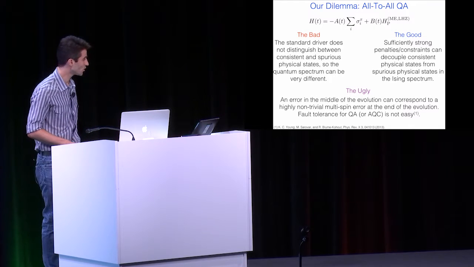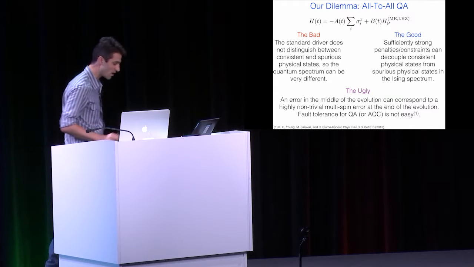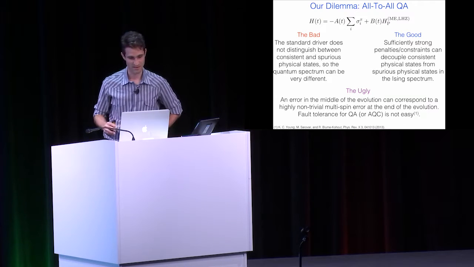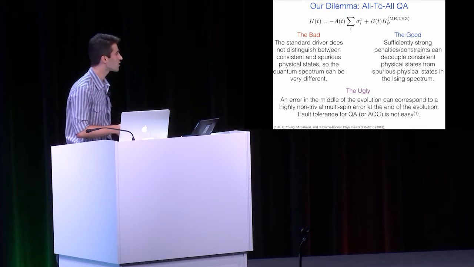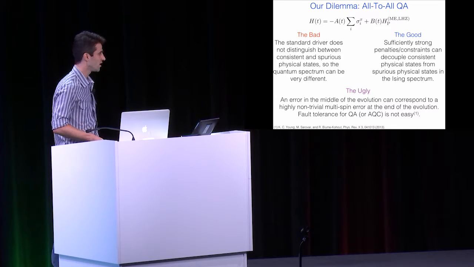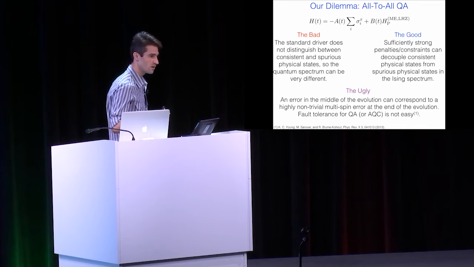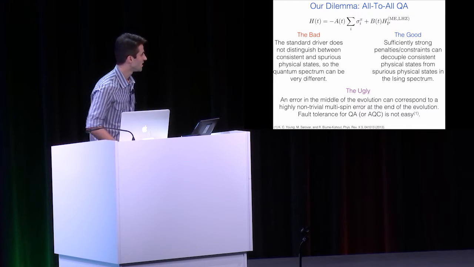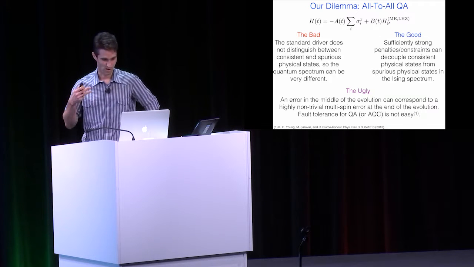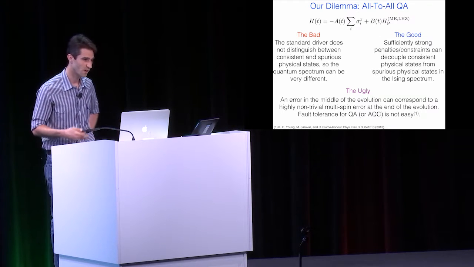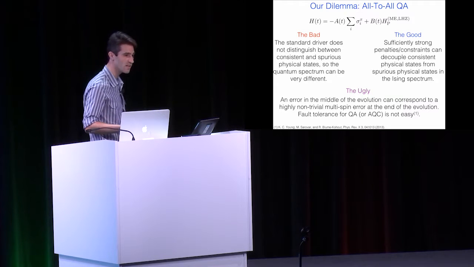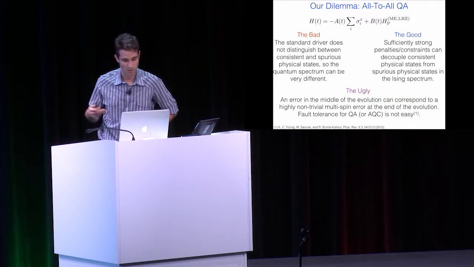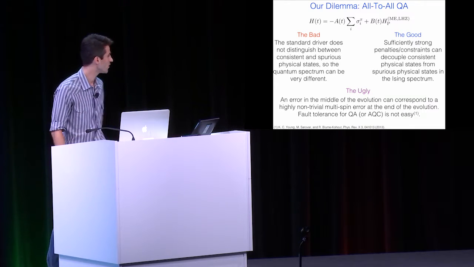In particular, the main point I want to push in this talk is that when an error occurs in the middle of your evolution, this error evolves to something highly non-trivial by the end of the evolution. This is a big reason why fault tolerance for adiabatic quantum computing or quantum annealing is very, very difficult. This is why we haven't been successful so far.